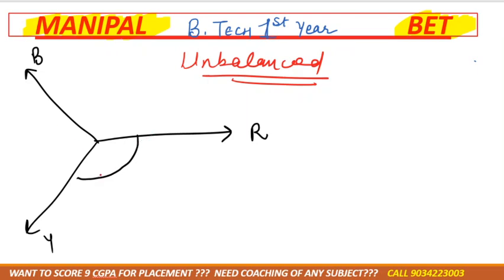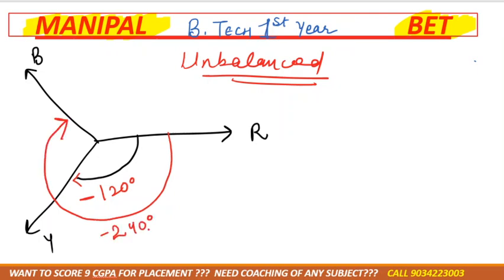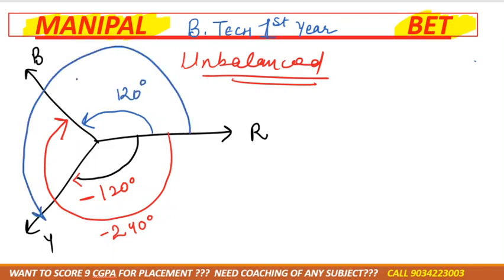So the angle between R and Y is how much? Minus 120 degrees, because it is on the negative side. Similarly, the angle between R and B is how much? Minus 240 degrees, right? If I see from the positive side, the angle difference between R and B is plus 120 degrees and the angle between R and Y is plus 240 degrees. Yes or no? Note this down.